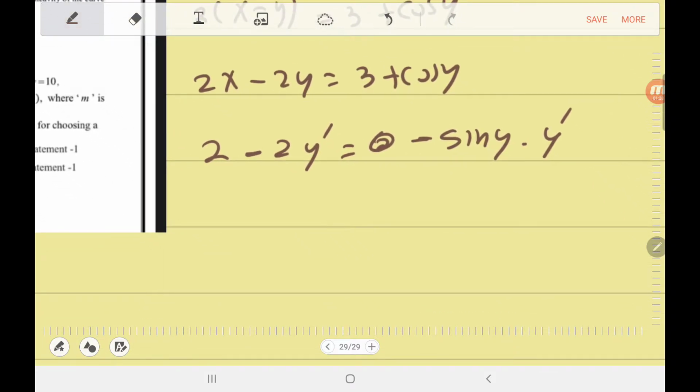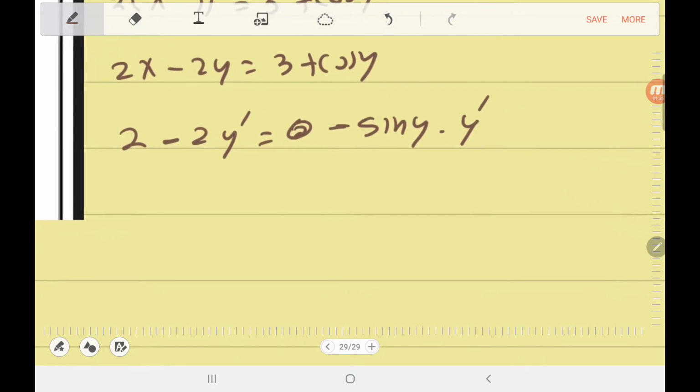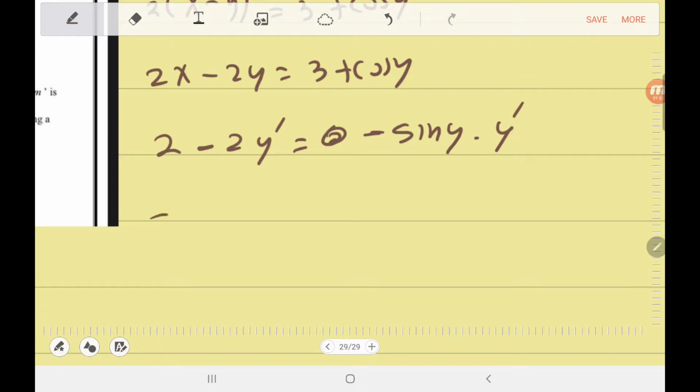Okay, now we want to put y prime on one side, so it's going to be minus y prime plus sine y y prime equal minus 2.